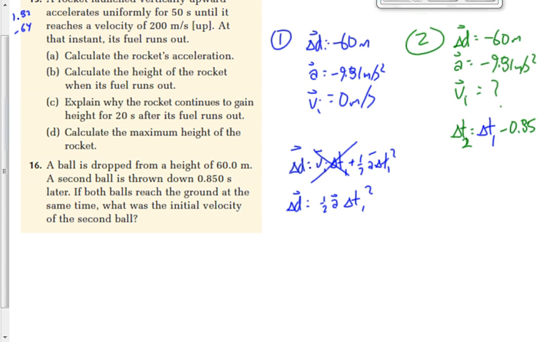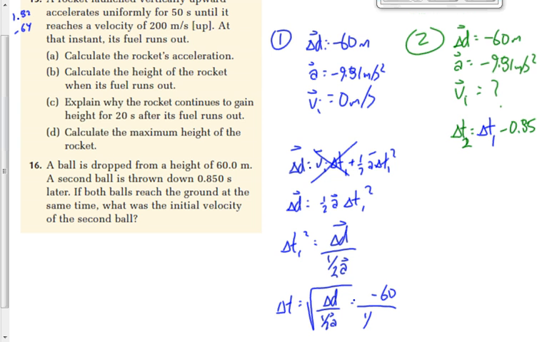Let's rearrange it to solve for t. The 1/2 and the a go down by dividing. Delta d over 1/2 a. And delta t is therefore the square root of delta d over 1/2 a. So delta d is negative 60, divided by 1/2 of negative 9.81.